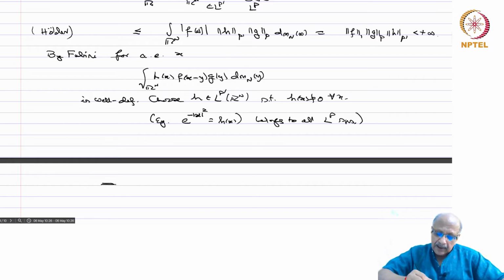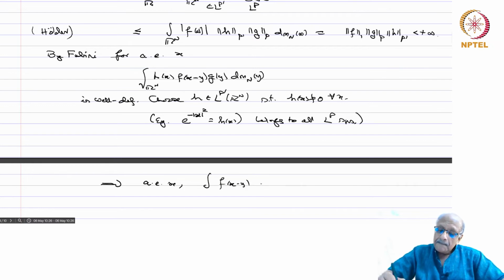If you substitute that here, then you can cancel out the h, so that implies that for almost every x, the integral of f(x minus y) g(y) dmu(y) over Rn is well defined.